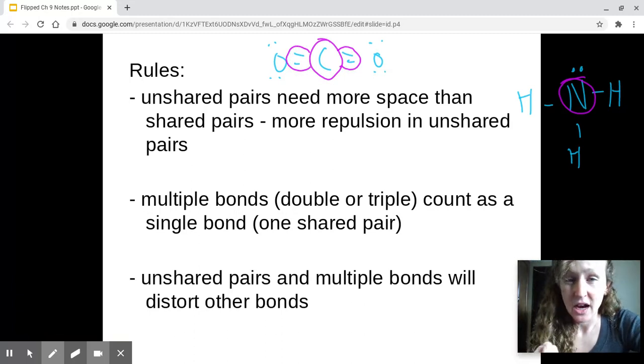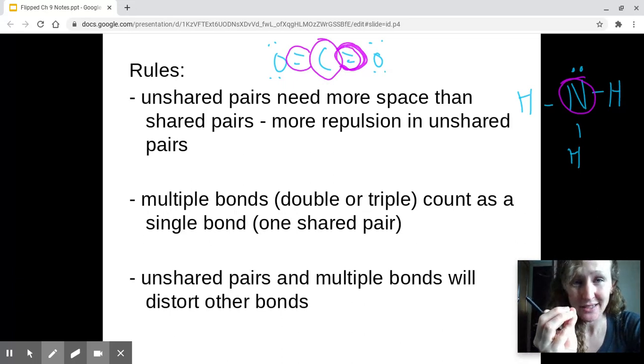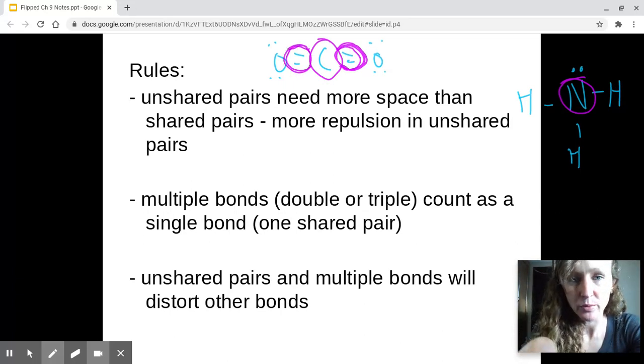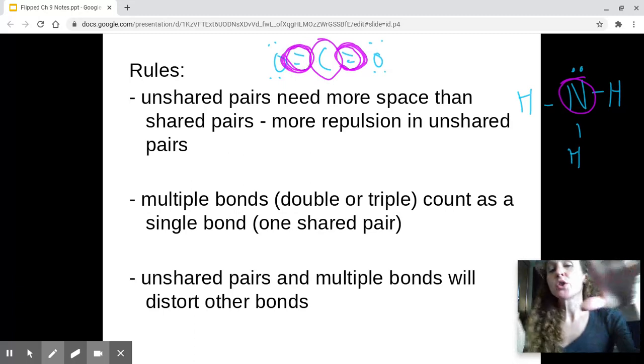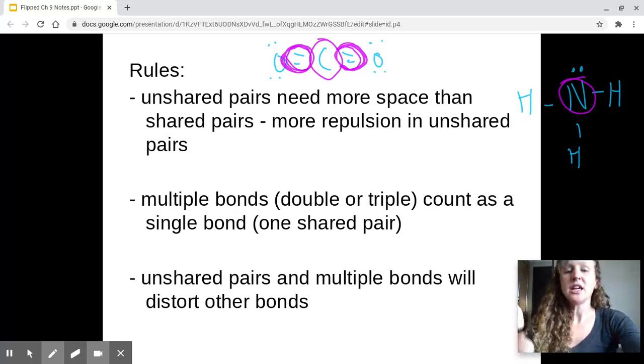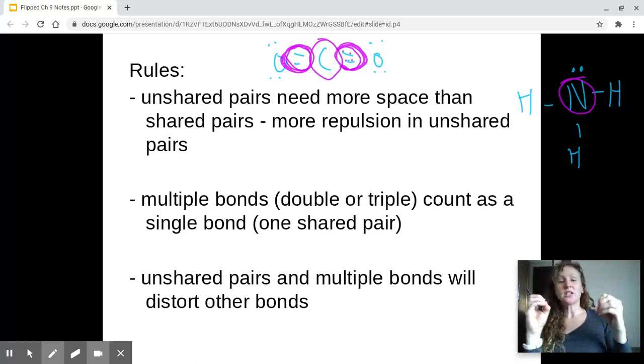Double bonds are going to repel just like single bonds. So these double bonds operate as a unit, repelling anything else around this carbon, which would be the other double bond. So really, when we look at carbon, we have 2 areas of electrons repelling each other. Even though those 2 areas each contain 4 electrons, we still only have 2 areas.